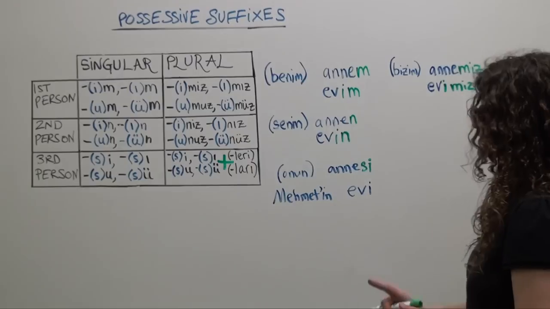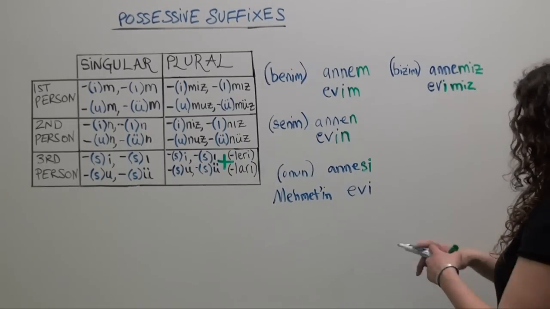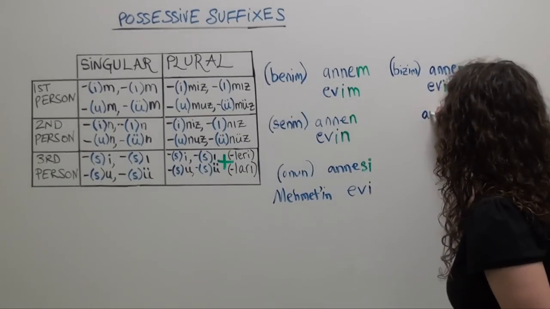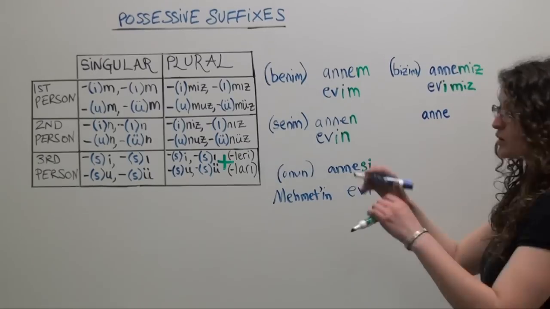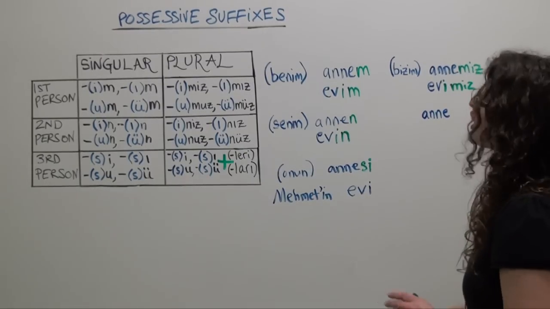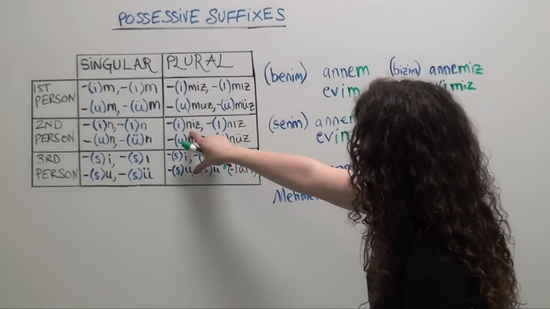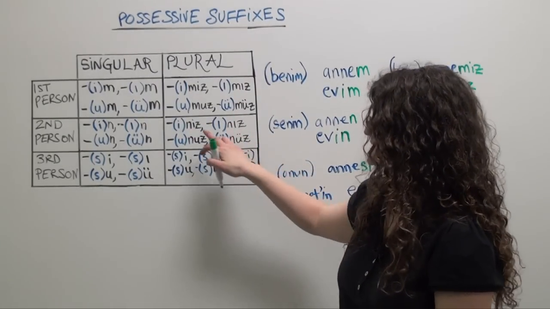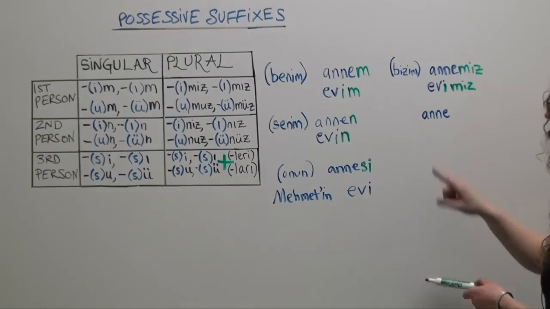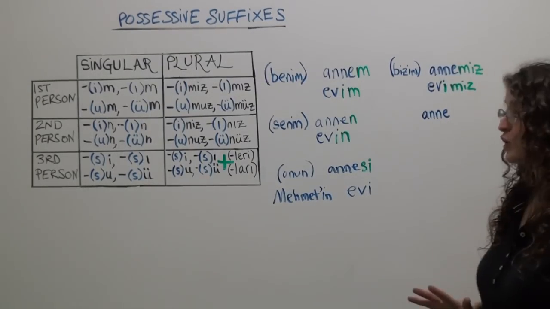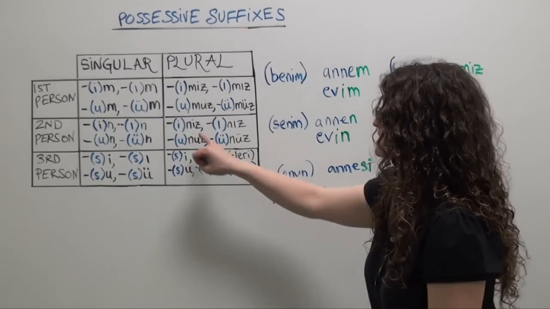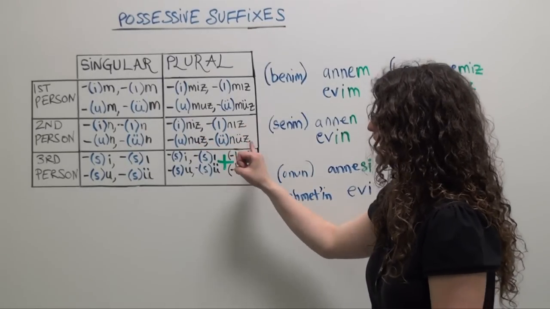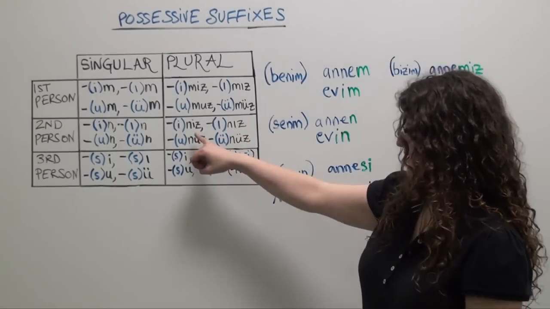On to the second person plural. Anne, say your plural or your formal mother. We're going to choose our version of the possessive suffix that agrees best with anne according to the rules of four-way vowel harmony. So we have a choice of niz, nız, nuz, and nüz. We're going to choose niz.